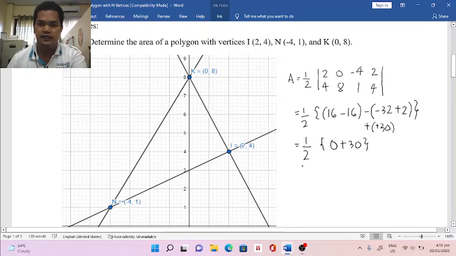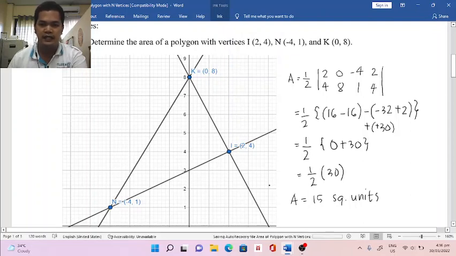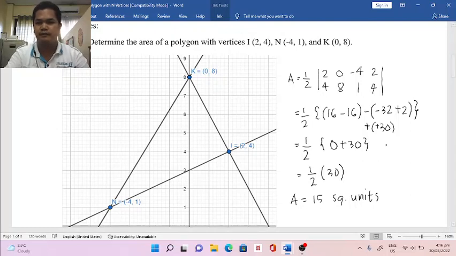And now the value would be 1 half of 30, which is A, or the area, equal to 15 square units. So you may say that the area of the triangle with vertices I, N, and K is 15 square units.